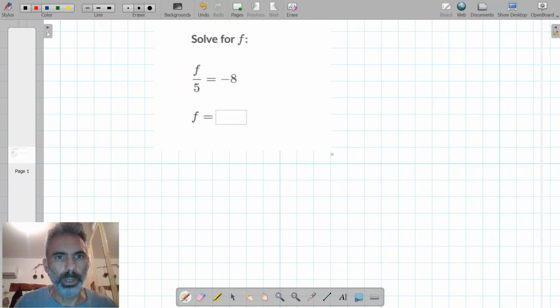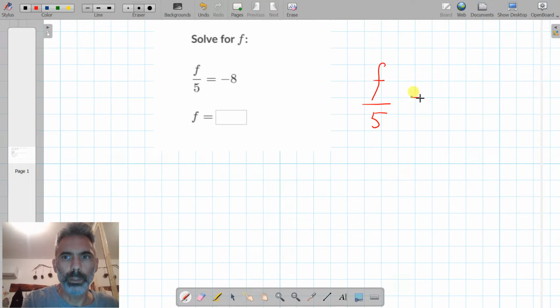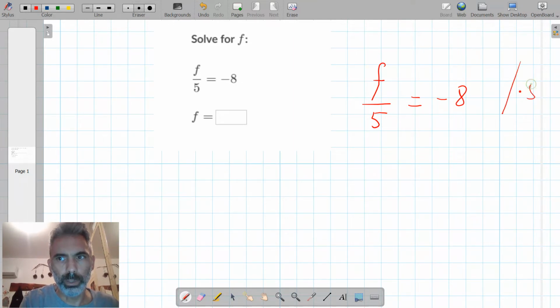Solve for f. Okay, so f over 5 equals minus 8. We need to isolate the f, so we need to multiply both sides of the equation by 5. So on the left hand side, when we divide by 5 and then multiply by 5, we are left with f.